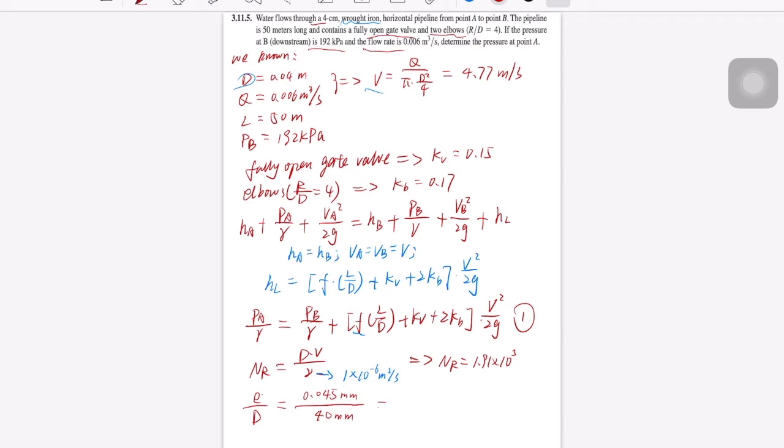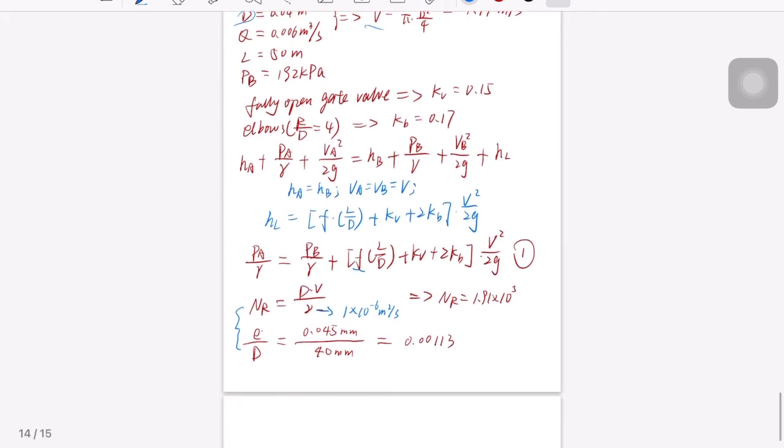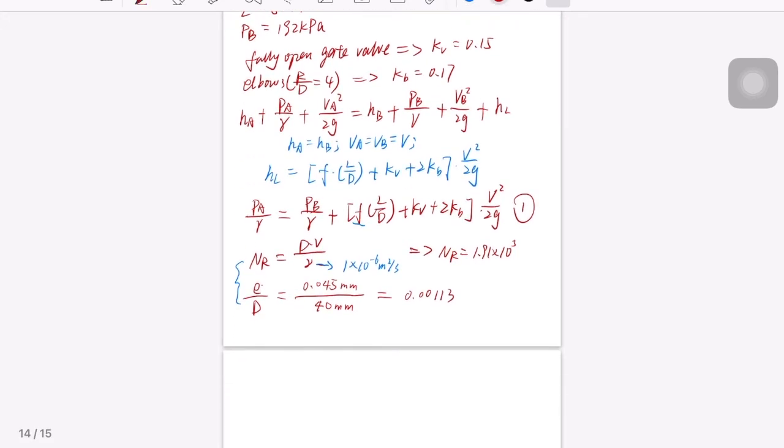So this value equals 0.00113. And from these two values, we can use the Moody diagram to find that the friction factor F equals 0.022.